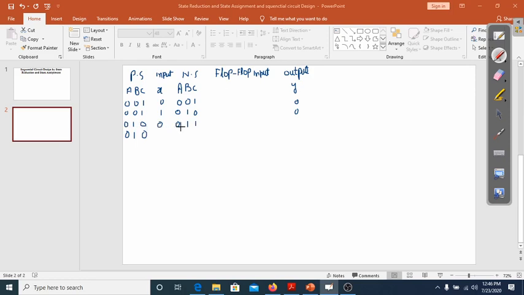The next state was 0 1 1. When the present state is 0 1 0 and the input is 1, the next state was 1 0 0.